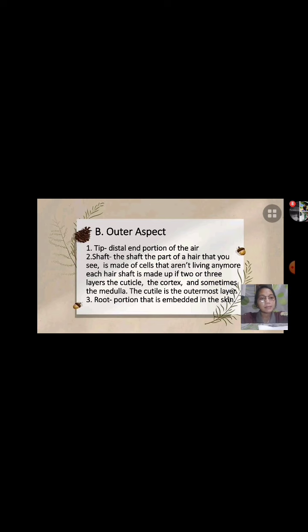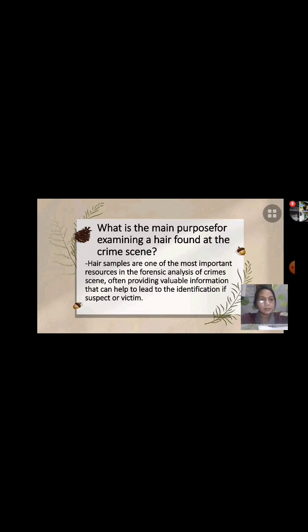Each hair shaft is made up of 2 or 3 layers: the cuticle, the cortex, and sometimes the medulla. The cuticle is the outermost layer. Number 3, root. The root is the portion that is embedded in the skin.